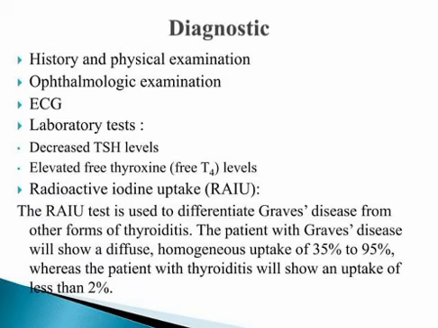The radioactive iodine uptake is a test used to differentiate Graves disease from other forms of thyroiditis. Patients with Graves disease will show a diffuse, homogeneous uptake of 35% to 95%, whereas patients with thyroiditis will show an uptake of less than 2%. So these are the diagnostics used to identify thyroid conditions.